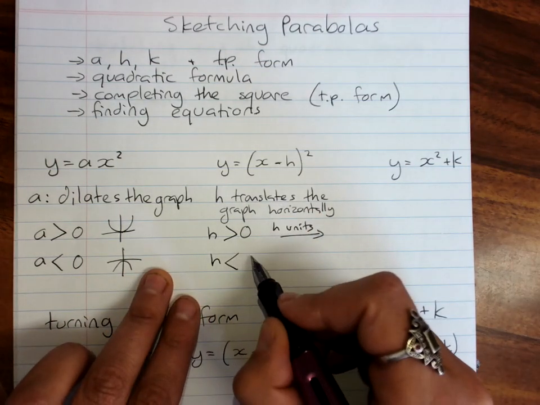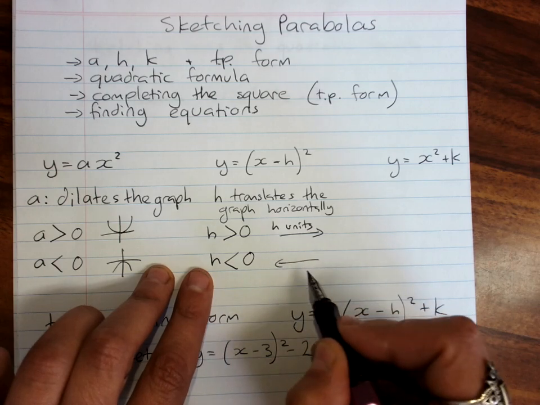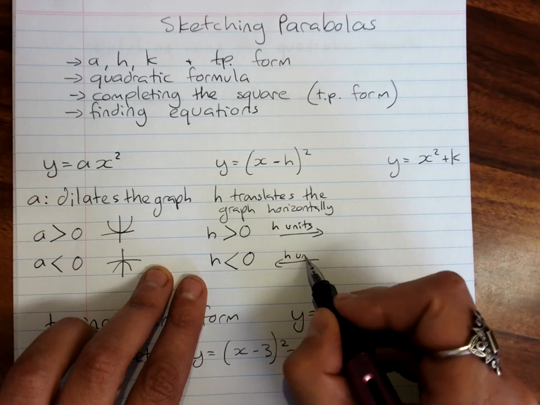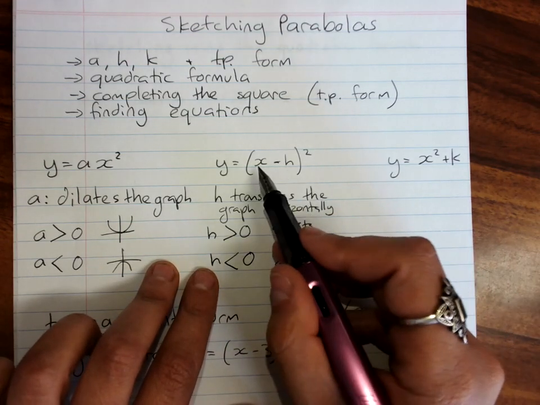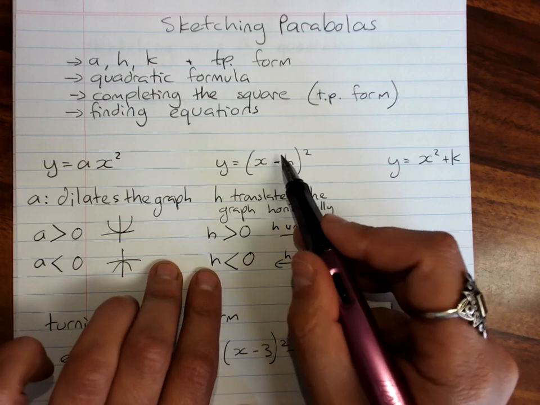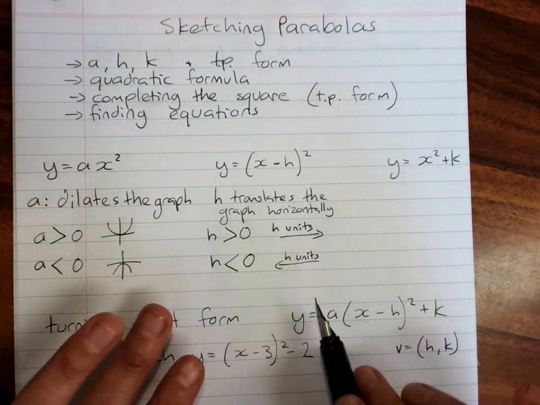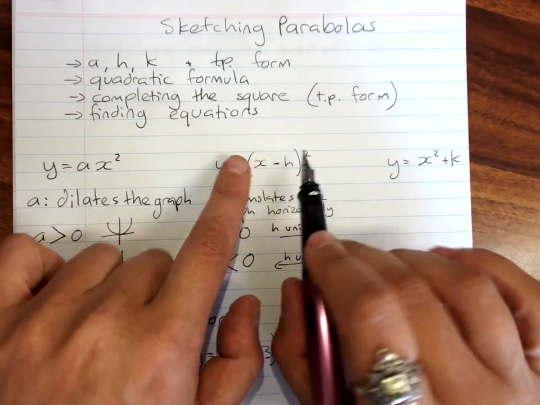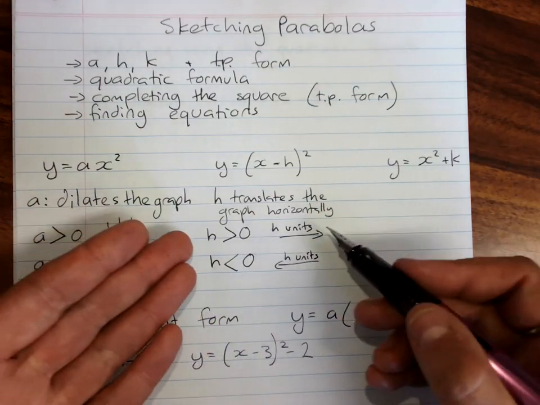If h is less than 0, that is h is negative, the graph will be moved h units to the left, that is in a negative direction. But of course, if h is negative, x minus h will mean that we see a plus here. So it's a little bit hard to think about, but it's based on the fact that when we see a negative, we shift positive, which I'm sure you've already observed.